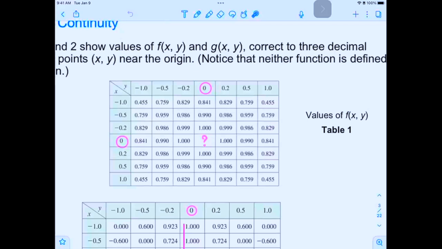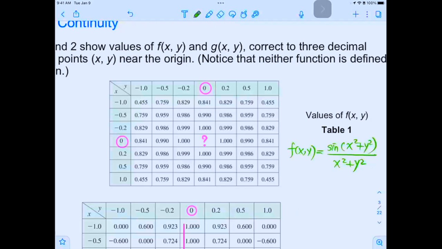Let me write that down. Take a look at the table and see what you observe. What was the function there? F of x, y, let me write it down for you. So f of x, y is equal to sine of... So that was the first function that we have.